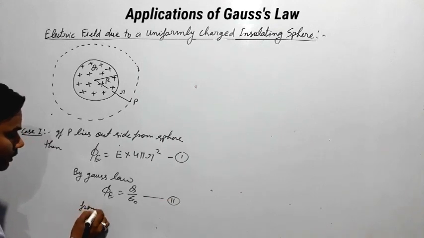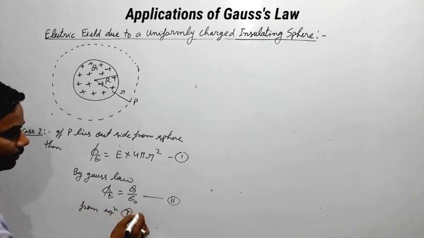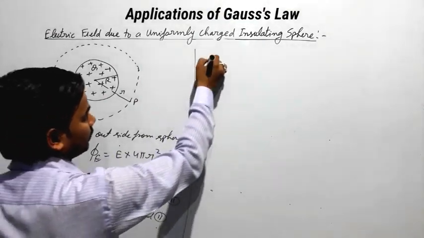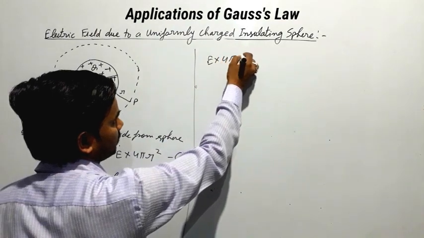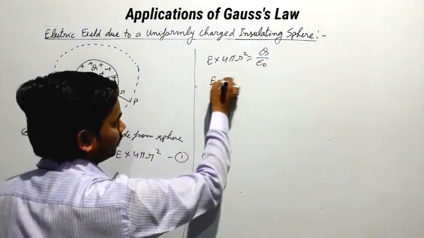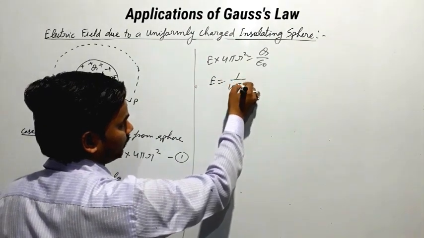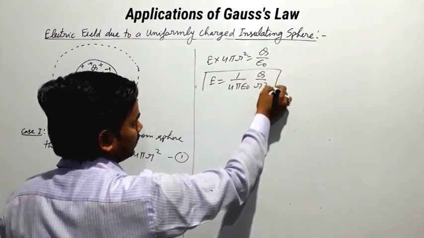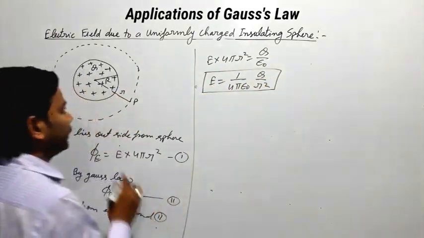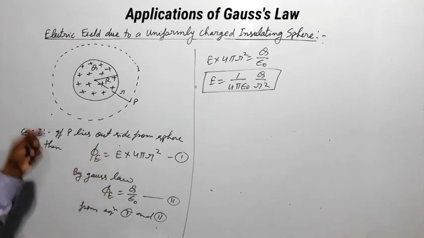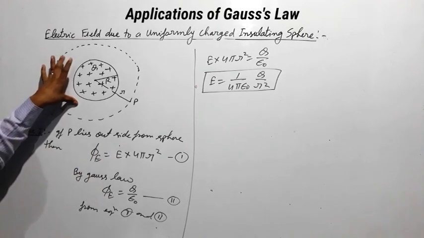Then from equation 1 and 2, this will be E into 4 pi small r square equals to Q upon epsilon naught. So E equals to 1 upon 4 pi epsilon naught Q upon small r square. This is the electric field at an outer point. Okay, and it is similar for the spherical shell. Okay.